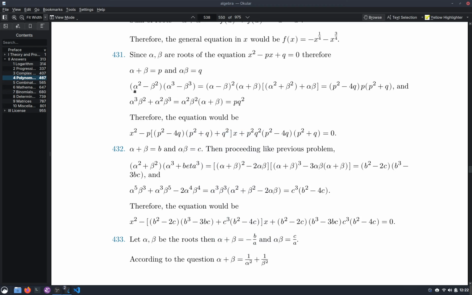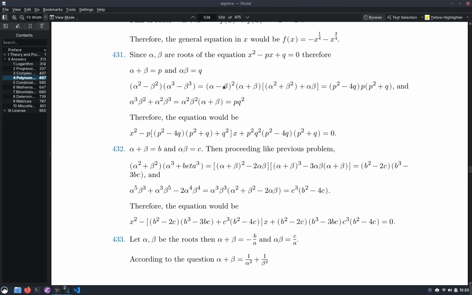Now we look at the one root of which we have to form the quadratic equation, which is (alpha square minus beta square) into (alpha cube minus beta cube). We take alpha minus beta common from both of them. It becomes alpha minus beta whole square, and from this term, the quotient will be alpha plus beta, and from this, it would be alpha square plus beta square plus alpha beta.